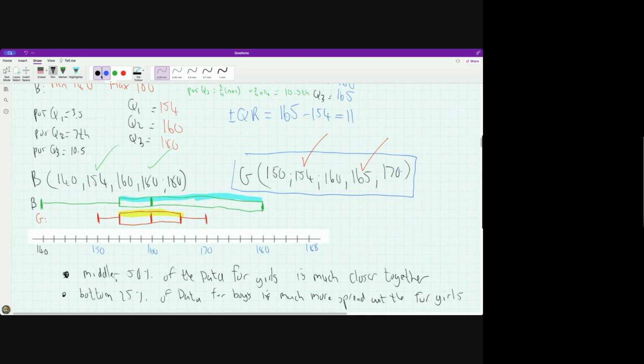And the way I would show you this is you can see the whisker here. This is the bottom 25% of data. Look how big that pink whisker is. If I now have a green whisker, look at how much smaller that is. So those are 2 possible observations you could make.